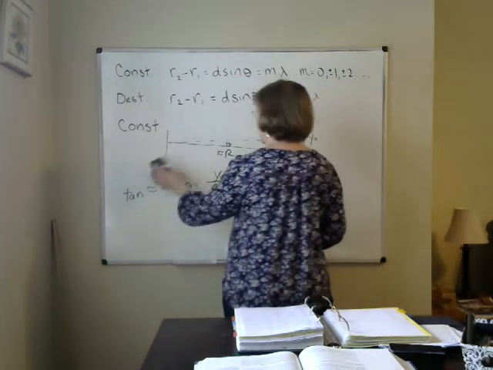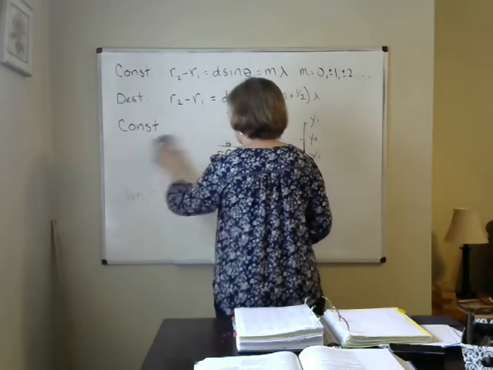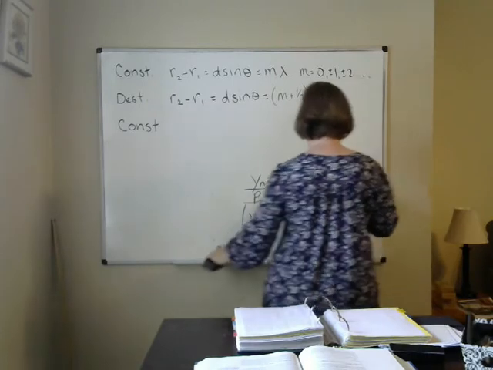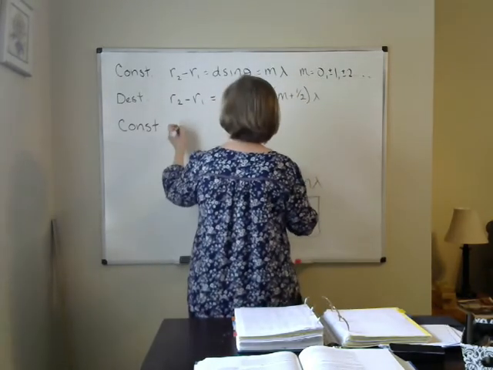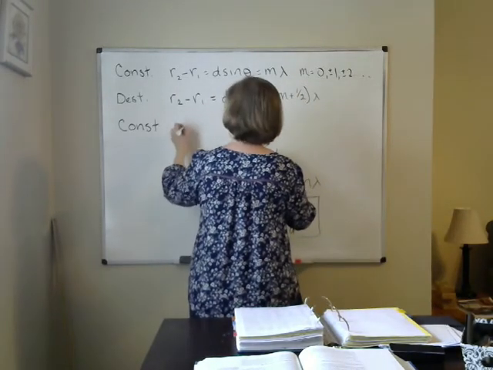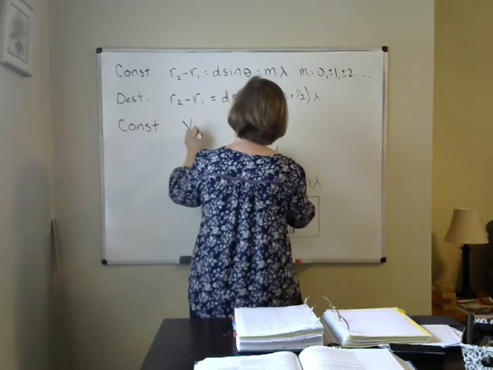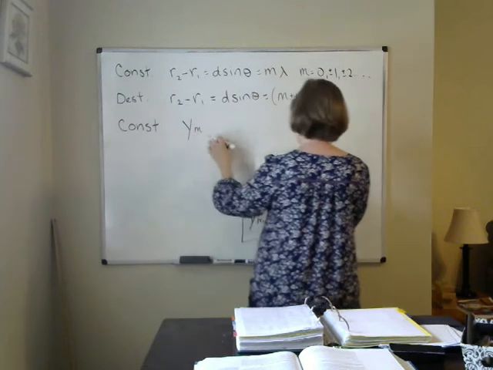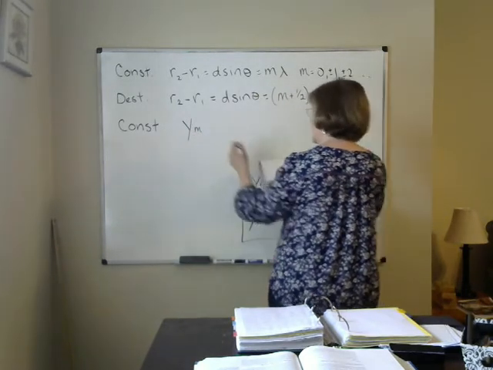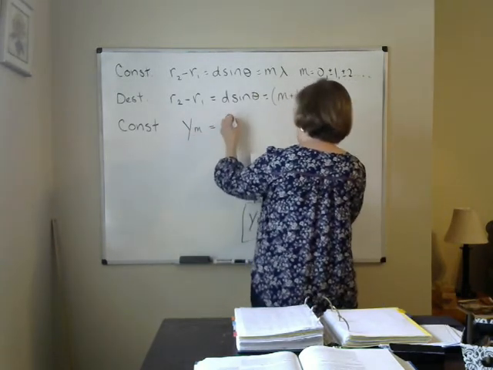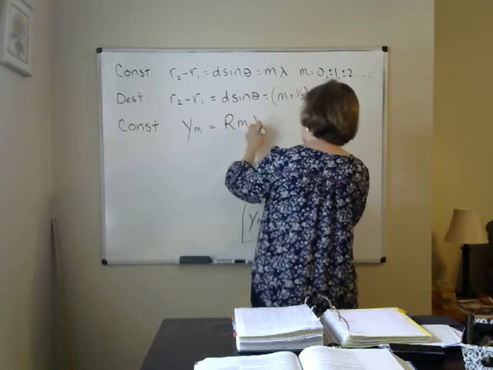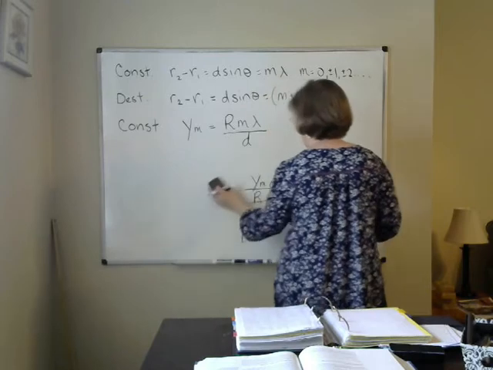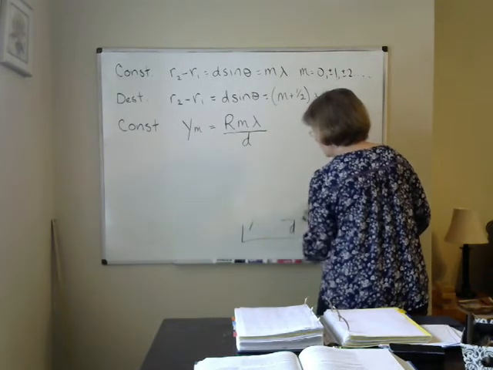So let's write down what we get. Then our results give us what we call Young's formulas from his experiment, and they tell us that for constructive interference, that distance from the center for the first, and this can be 1 or 2, whichever bright spot you're looking for, is equal to r m lambda over d. d is the distance between the slits.